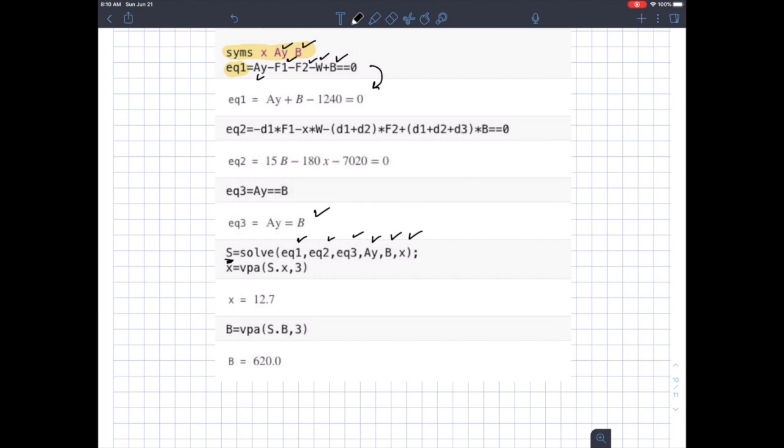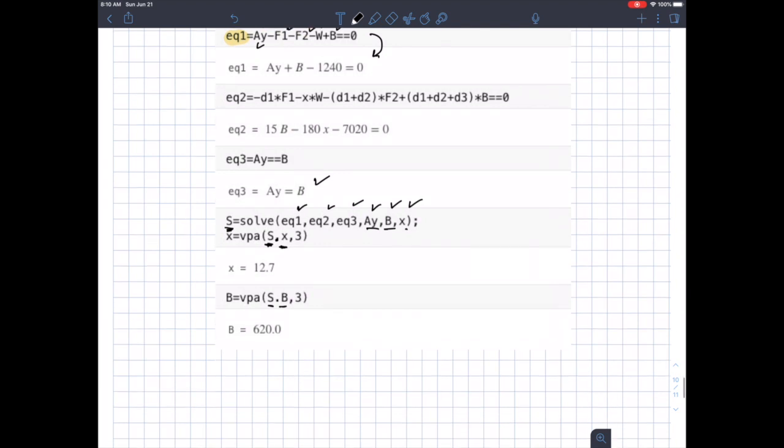However, you do need to know that to access a part of the structure, you put the variable name and then you put a dot, and then I have these three unknowns, so there's going to be an s.x, there's also going to be an s.b, and there's an s.ay. I didn't ask for s.ay because I know that ay is equal to b in this case.